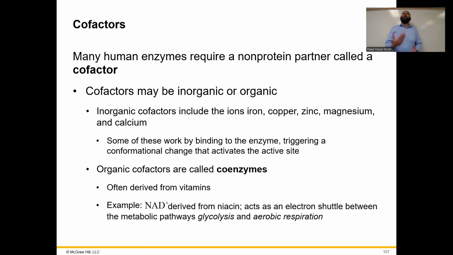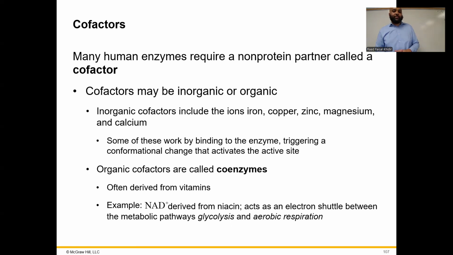Like for example, iron with hemoglobin. That's a cofactor. It helps hemoglobin absorb oxygen. And you have copper, zinc, magnesium, calcium. That's all inorganic because it has no carbon. And some of these work by triggering a conformational change that activates the active site.